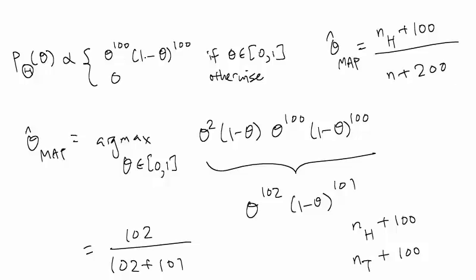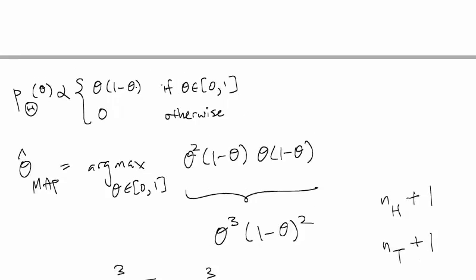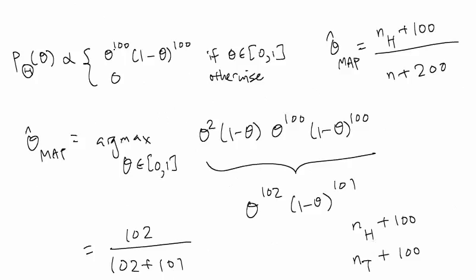What this prior here is doing is much more so than the previous prior that we saw. When we have this 100 and 100, it's making it so that when the number of observations n is small, we're going to really think that the coin is probably fair. So this number down here, for example, is pretty close to 1/2.